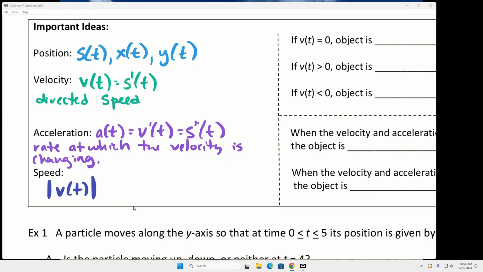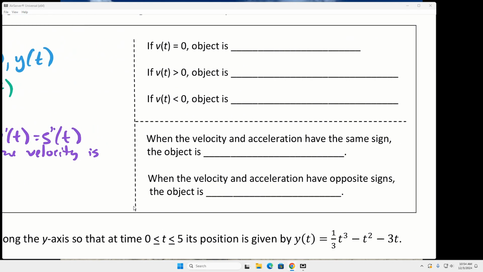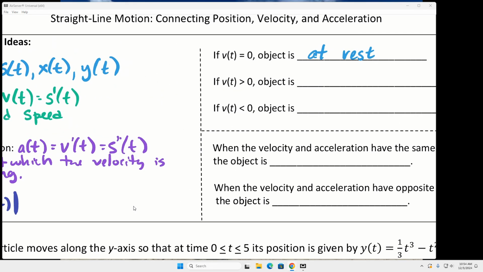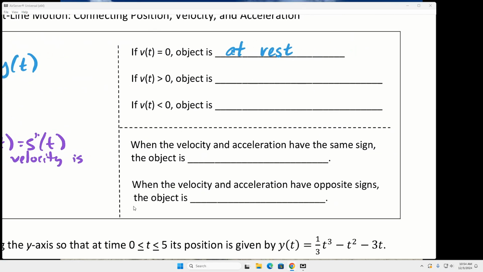All right, and you guys already figured out pretty much everything in the second box, or third too. So if the velocity equals 0, what does it mean about the object? At rest. Okay, and then just depending on the situation, if the particle or object is moving on the x-axis, a positive velocity means which direction on the x-axis?